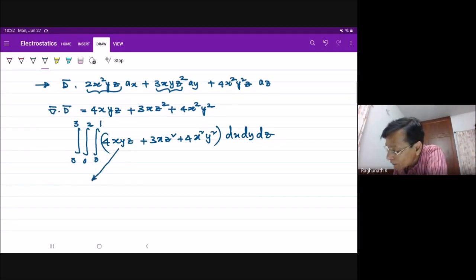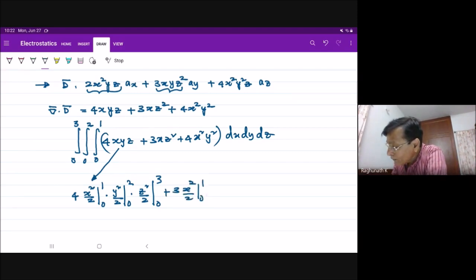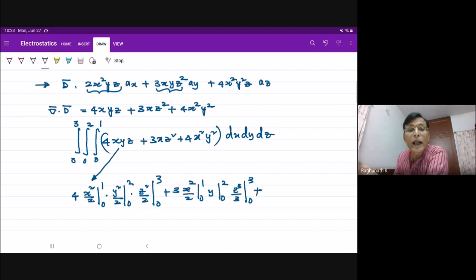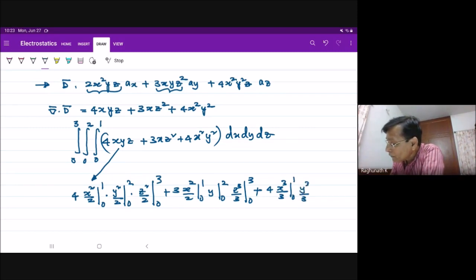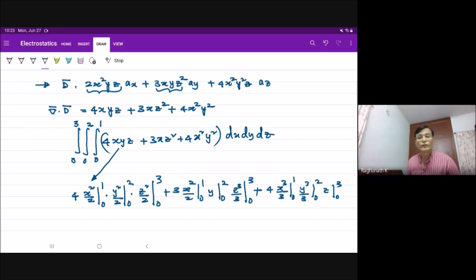What is the integral of this? 4 into x squared by 2 from 0 to 1, into y squared by 2 from 0 to 2, into z squared by 2 from 0 to 3, plus 3 into x squared by 2 from 0 to 1, y from 0 to 2, z cubed by 3 from 0 to 3, plus, in the triple integral, 4 into x cubed by 3 from 0 to 1, y cubed by 3 from 0 to 2, z from 0 to 3. That is the volume that we considered.